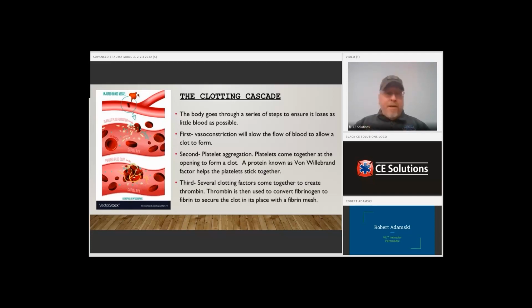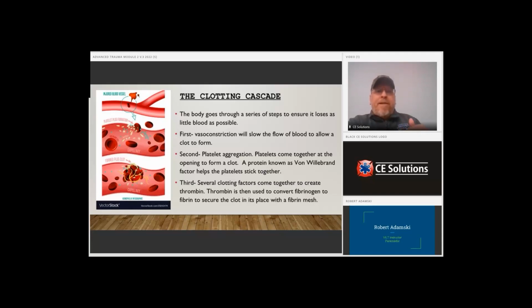The second part of hemostasis is the clotting cascade, which consists of proteins and enzymes. It's a chemical reaction that's going to help form or strengthen that clot and therefore help the process of hemostasis and stabilize that process.